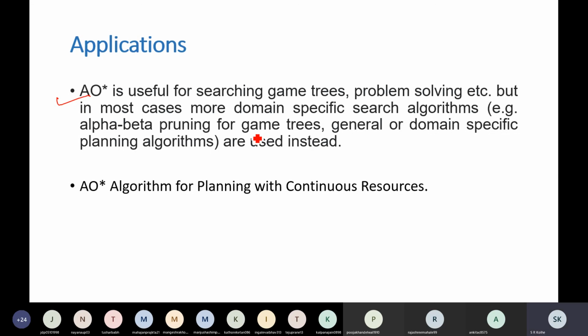So for such state space trees, this AO star implementation is useful.